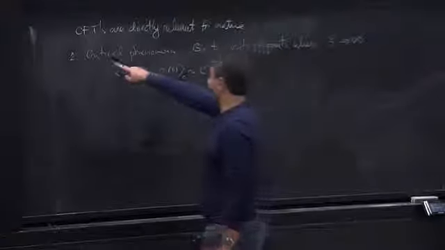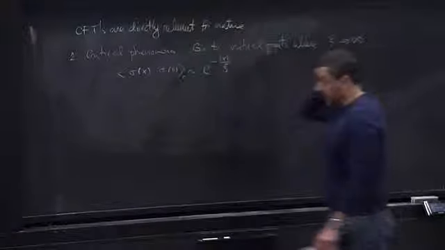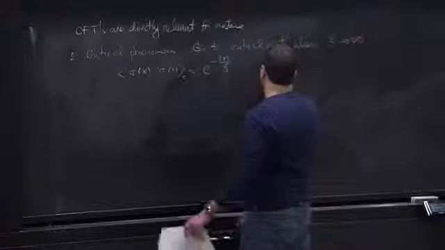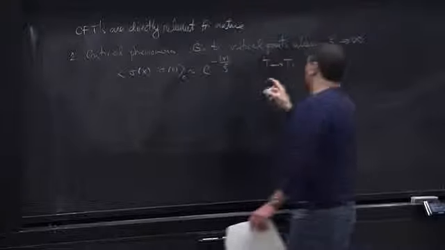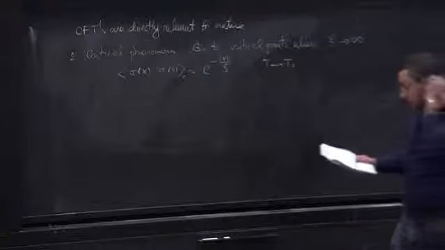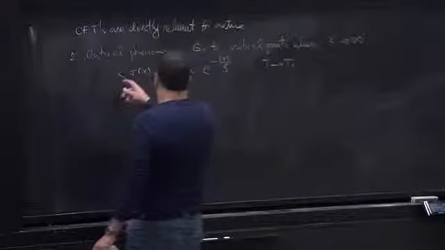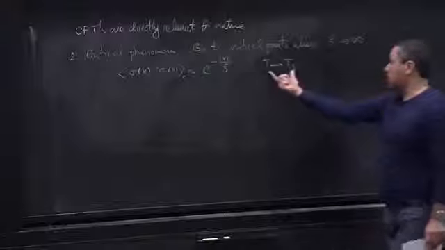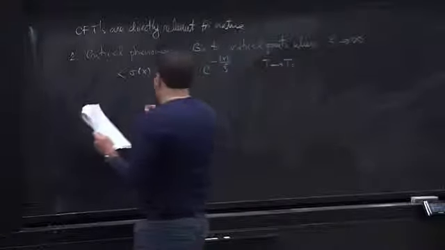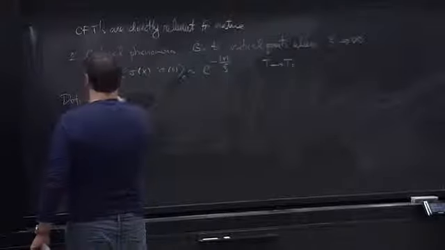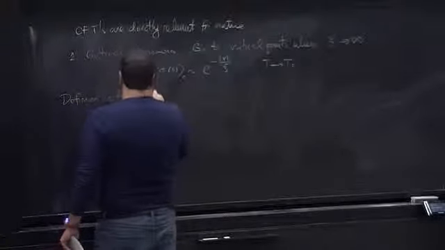And then the whole game in critical phenomena is to study the behavior of thermodynamic quantities as you approach the critical point. So typically, at the critical point, you have to tune, say, the temperature. You can also have critical points where you have to tune more than one parameter, like temperature and pressure. They're called multi-critical points. And essentially, what you want to do in critical phenomena is study the divergence or the behavior of thermodynamic quantities as you approach the critical temperature. And this defines critical exponents.